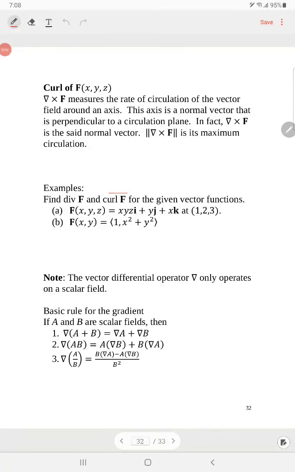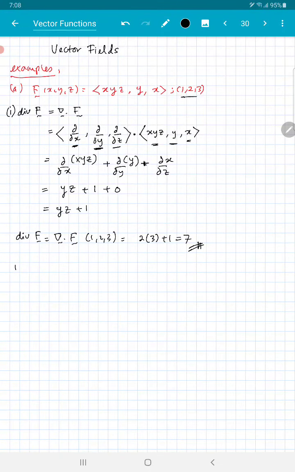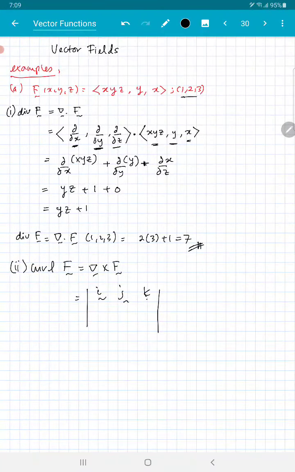Next, we're going to find curl of f for example A. Curl of f is equal to del cross f. Del cross f is really the determinant of a 3 times 3 matrix, where the first row has the standard unit vectors i, j, and k.